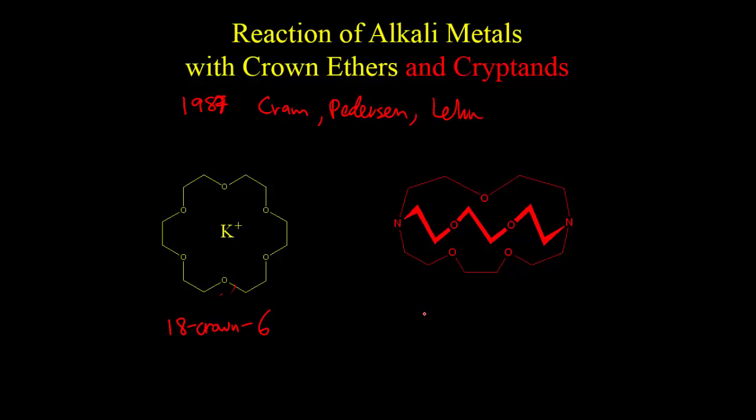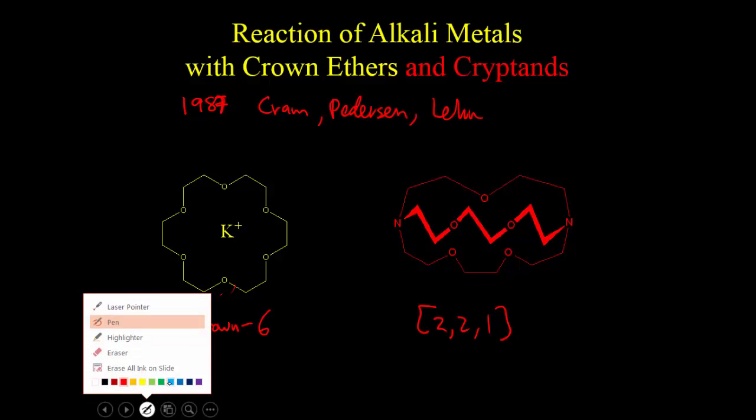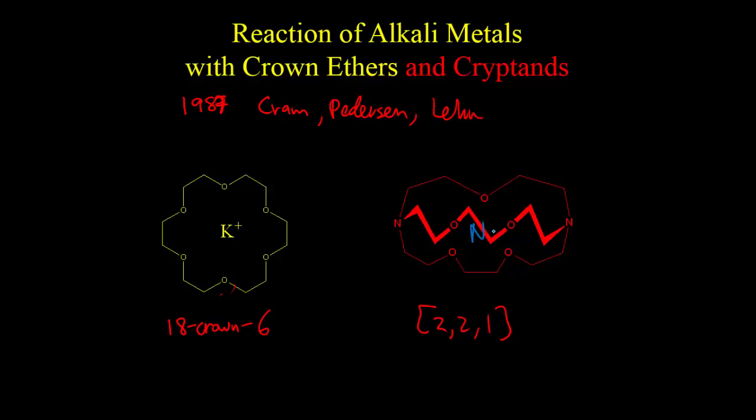This ligand here is called a cryptand, and its code name is 221, because you see on the bridging arms of this diamine there are 2 oxygens on this arm, 2 oxygens on this arm, and then only 1 oxygen on this arm. So 2, 2, 1. And this is selective for the sodium ion. So we could separate sodium ions and potassium ions with these different organic ligands.